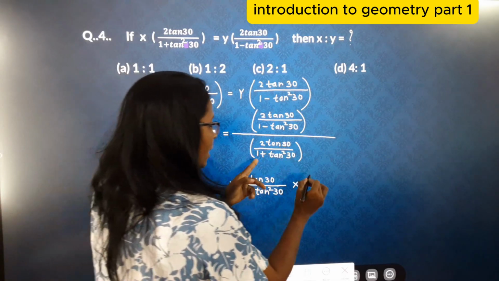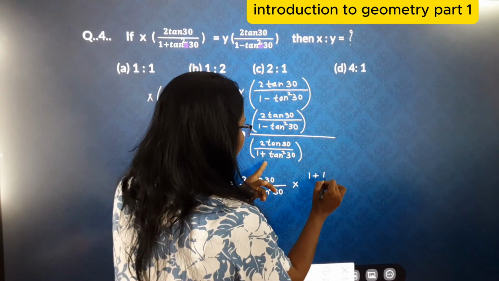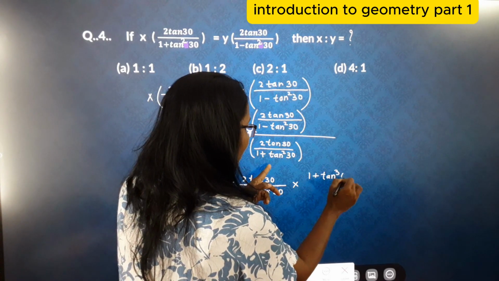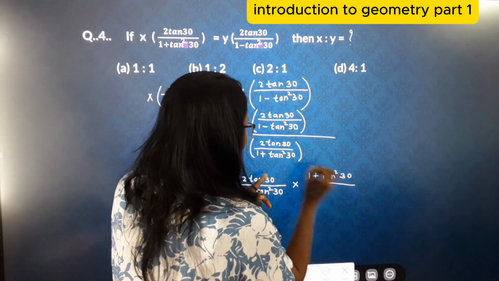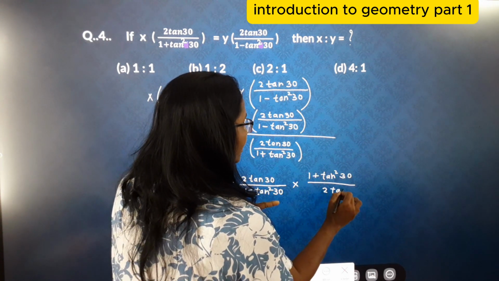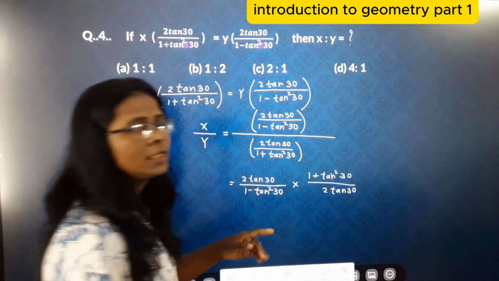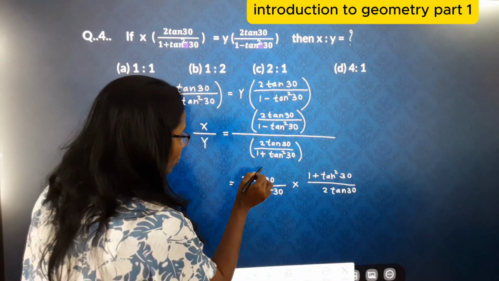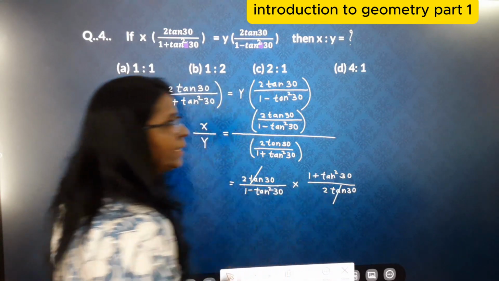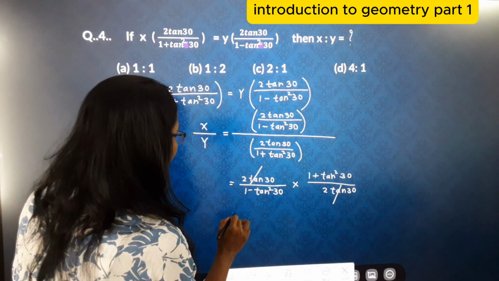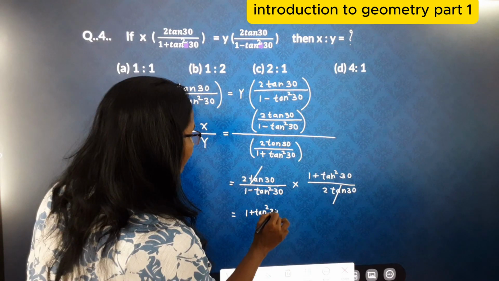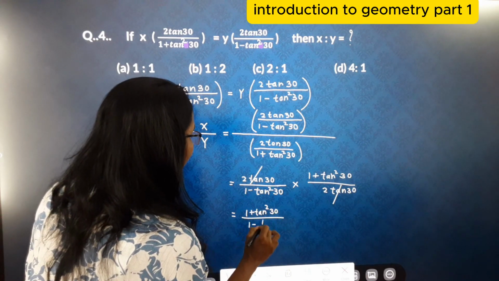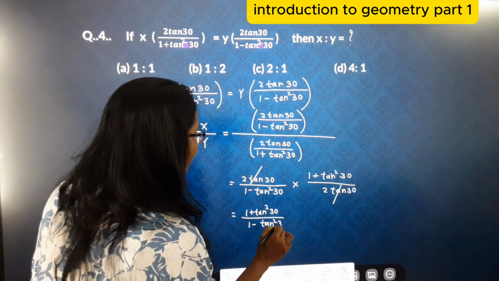In the numerator comes 1 plus tan² 30, divided by 2 tan 30, which is in the simplest form. Now 2 tan 30 and 2 tan 30 get cancelled, and we get 1 plus tan² 30 upon 1 minus tan² 30.